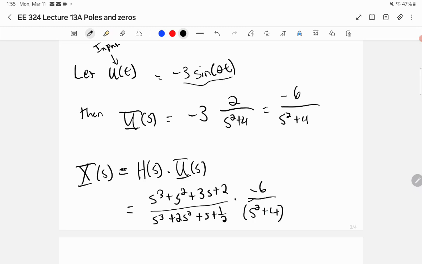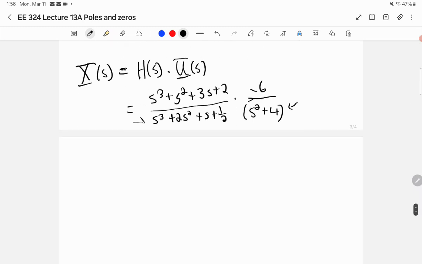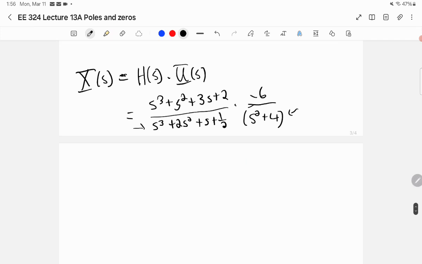So the nice thing is that if we already know what the roots of this are, and we actually did solve for them earlier in the video, then we only get a new set of roots related to this, because obviously it's just multiplying times this. And we already know that this is sinusoidal, so this is going to be something like s squared plus 4 is equal to s plus 2i times s minus 2i, right?